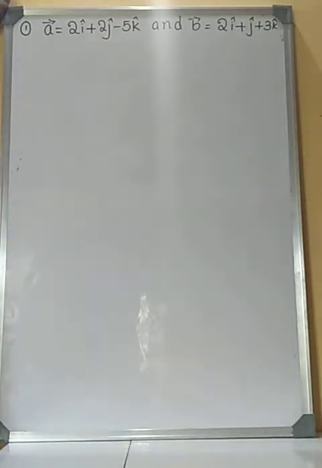Find the unit vector in the direction of the sum of vectors A and B.